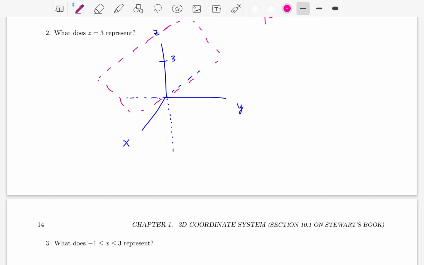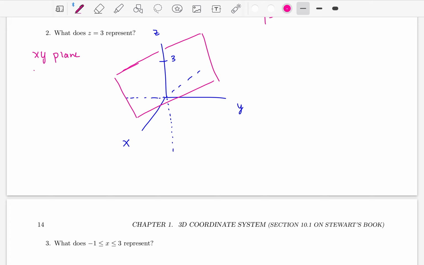So maybe, let me try one more time. Like I keep trying. Okay, let's do this. Maybe if I put it here, so you see it's like, okay, all right, something like that, okay? So this is, it's like saying the XY plane up 3 units, okay? Move it up 3 units.